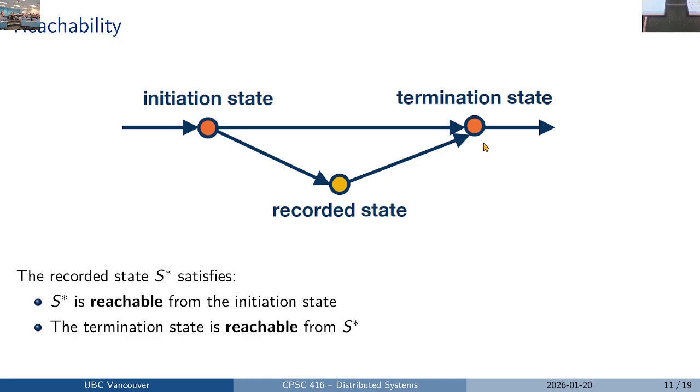So if we started here and we ended here and we recorded some intermediate state here, all we care about is that we could get from here to there. That means that this state, however we got to it, is reachable. It doesn't mean that's the only path. It just simply means there's at least one path.